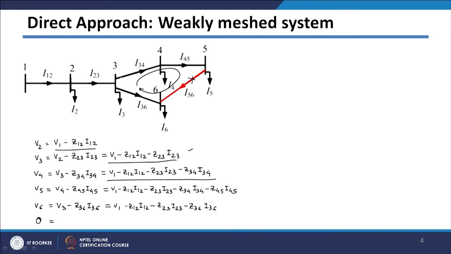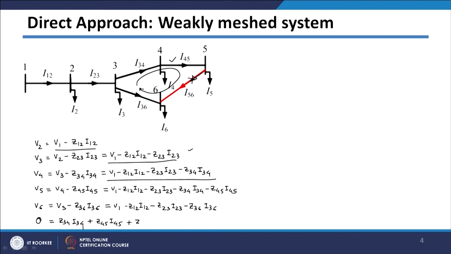In that case, this drop is Z34 into I34, then this drop will be plus, if you see the current direction, Z45 into I45. Then this drop, considering the loop branch here, is again plus because you are in the same direction of the loop.